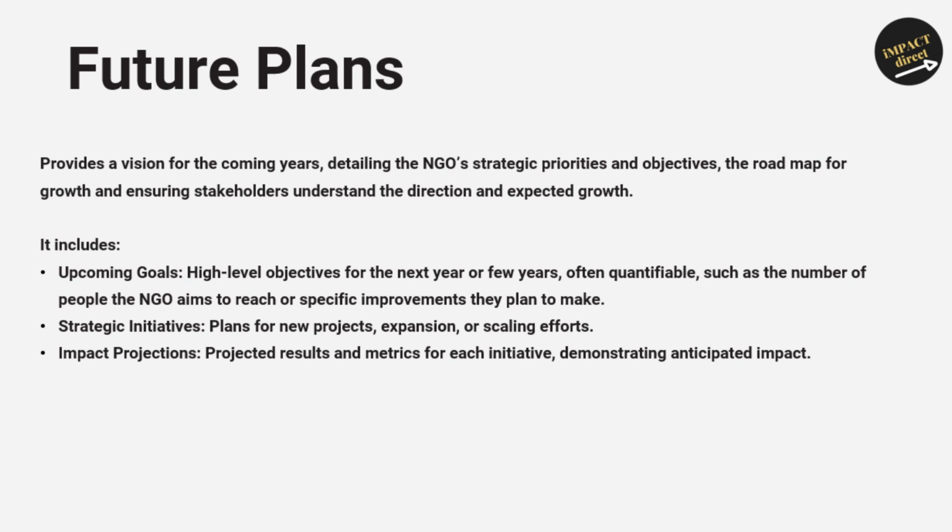Strategic initiatives, maybe you have a new project coming up. You've received funding for something new, you want to include that as a future plan. Sometimes you're just scaling up, reaching more people, reaching more regions with a project. You can quickly share and outline that, again in a short manner, just talking about the future plans for the next year.